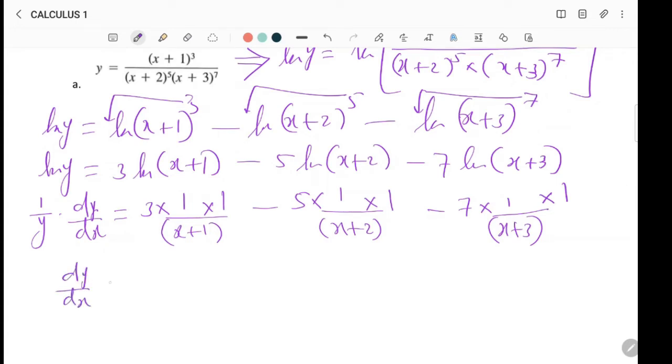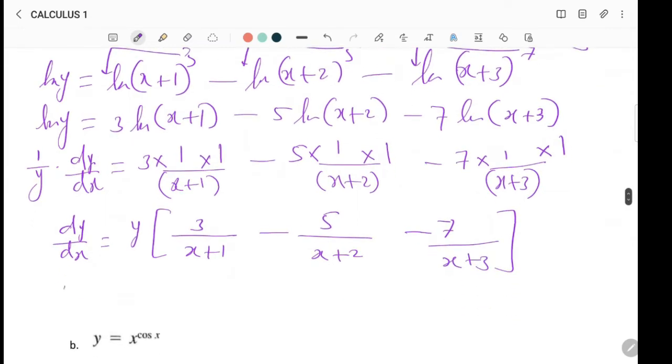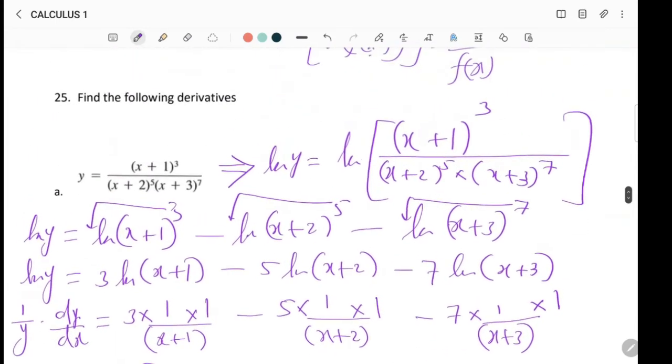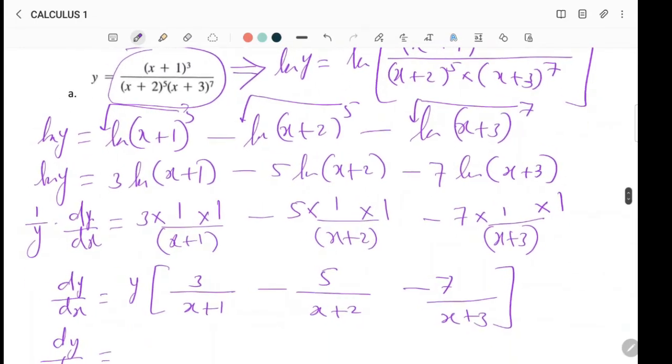So dy by dx equals, multiply y both sides, so y you will get here, and this is 3 over x plus 1 minus 5 over x plus 2 minus 7 over x plus 3, right? And now you have to replace y with the given expression. This y we have to write.